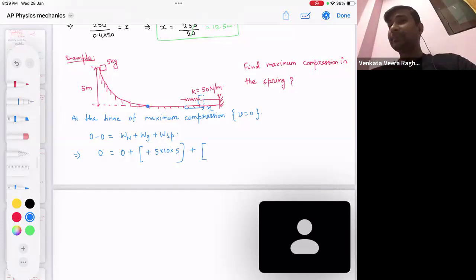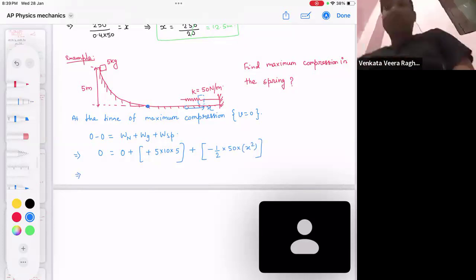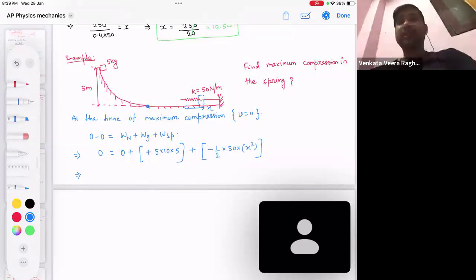Is the spring getting compressed from the natural position? Whenever a spring gets compressed from the natural position, work done by spring will be negative. How much negative? Half k x squared, where x is the elongation or compression. Whatever the spring got compressed by x, which I have to calculate in the question, that is what I am taking as x.